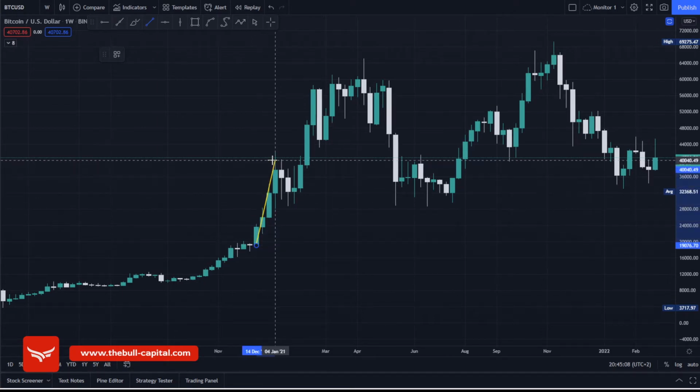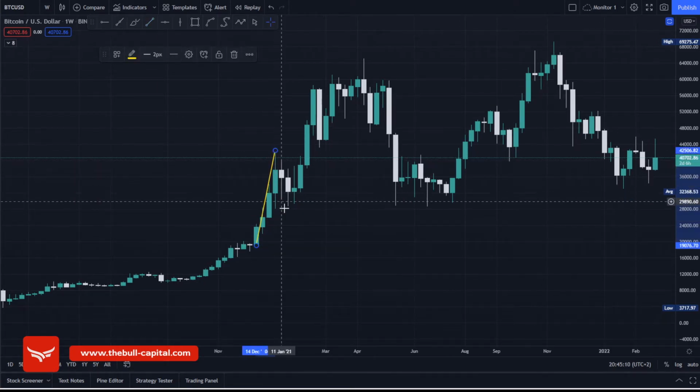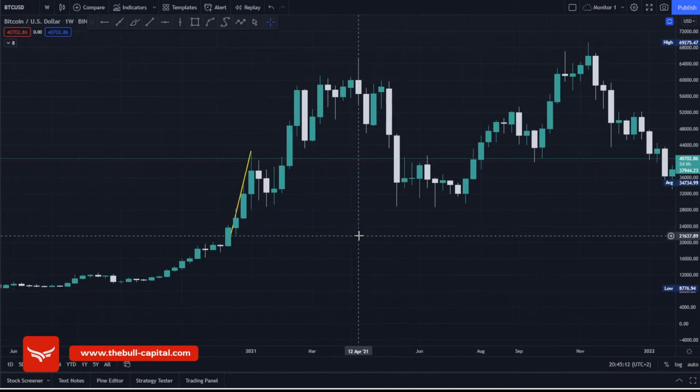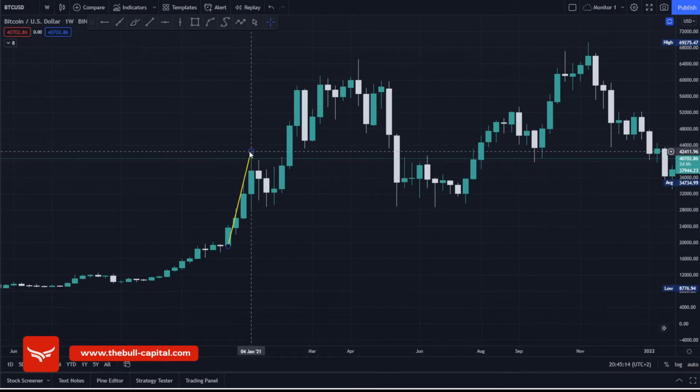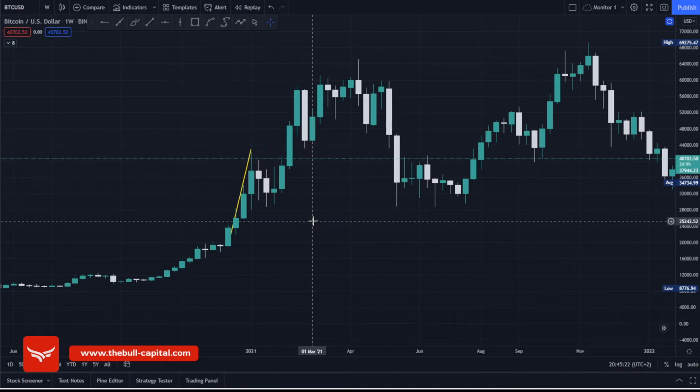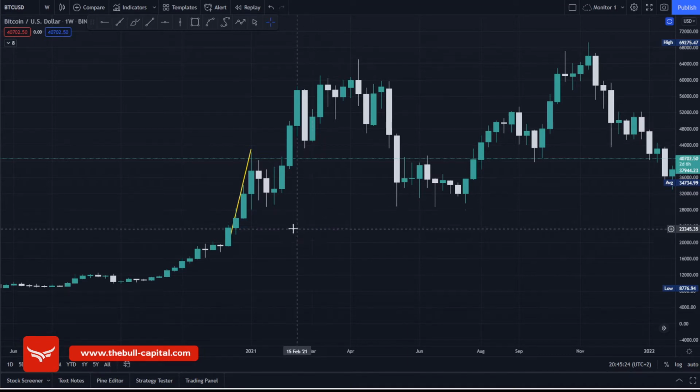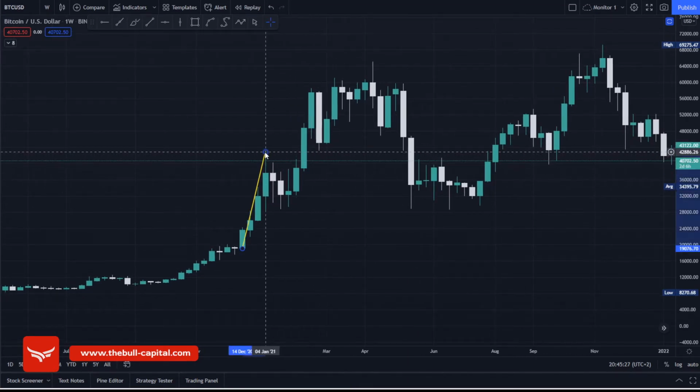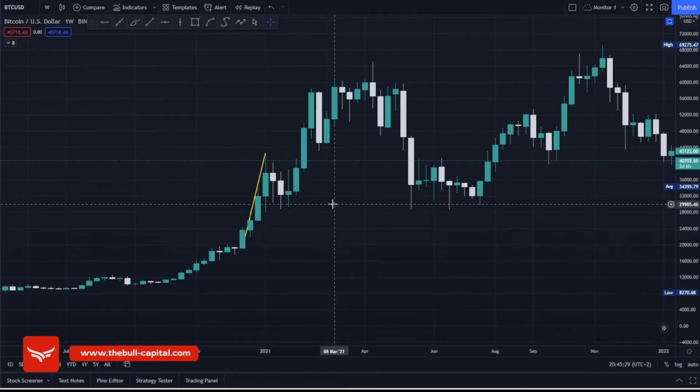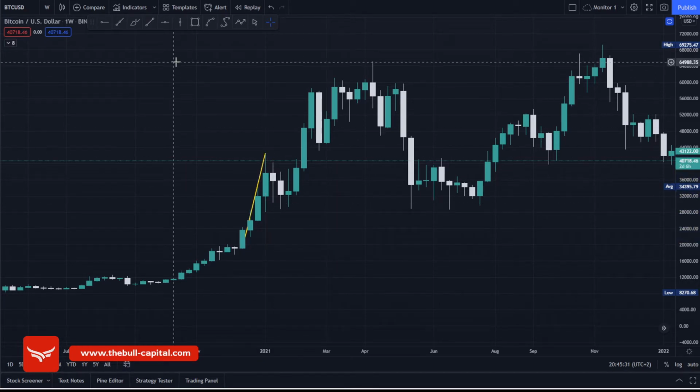From here to here we have a swing high. So we stop at the top of the wick of the last green or bullish candle. I'm gonna explain in a second why.